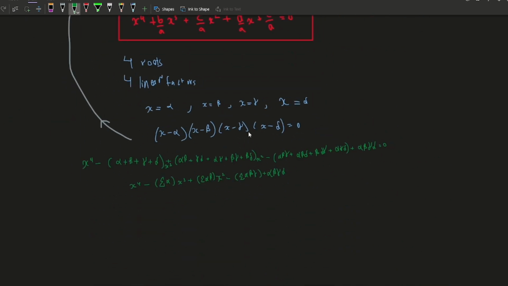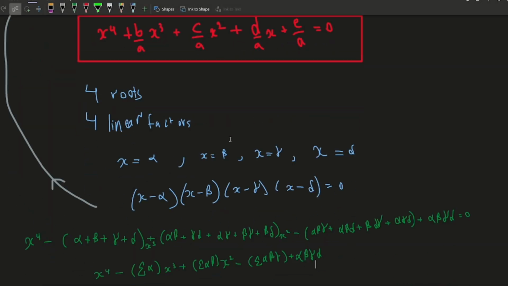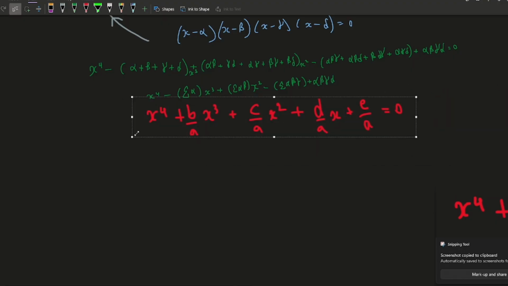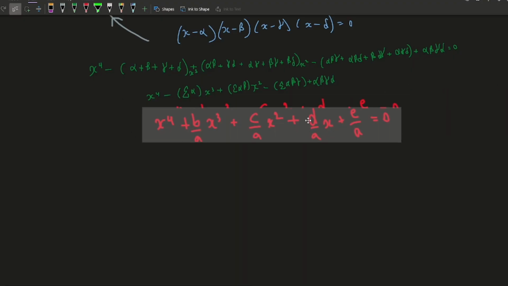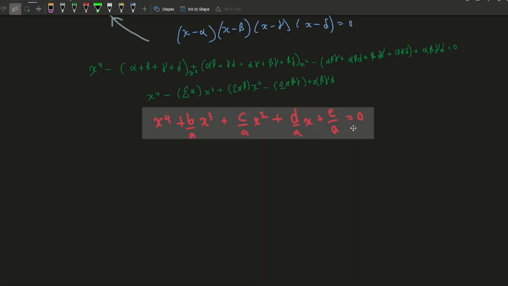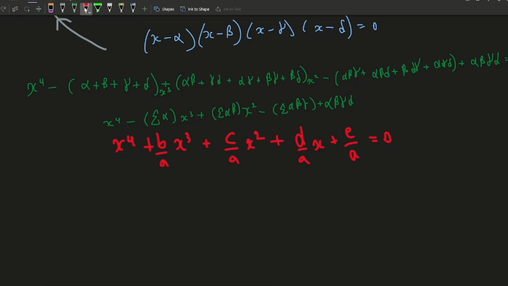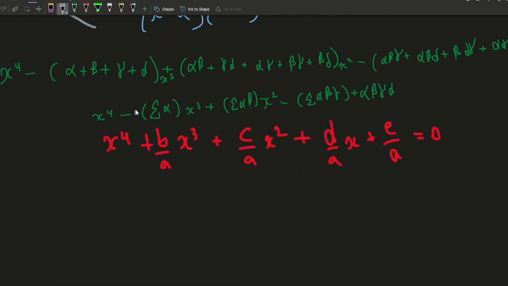Now let's compare it with this. Let me copy and paste it. Okay, so now as you guys see, minus summation of alpha is equal to b over a.